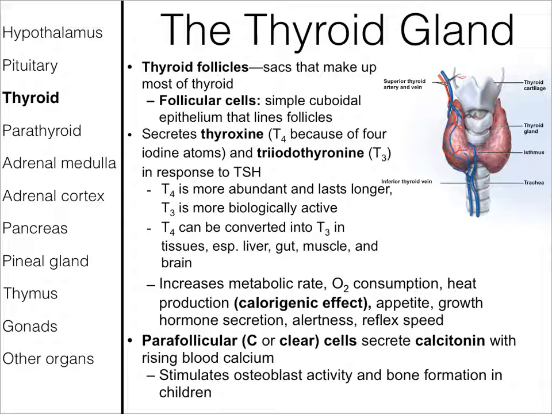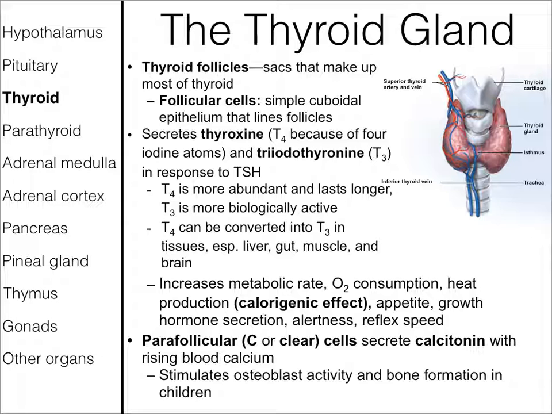The main gland of the thyroid hormone axis is the thyroid gland. The thyroid gland actually does several things, but the main thing that it does is it is made out of follicles, which are made out of follicular cells, and these follicular cells secrete the hormone thyroxine, which is a thyroid hormone.